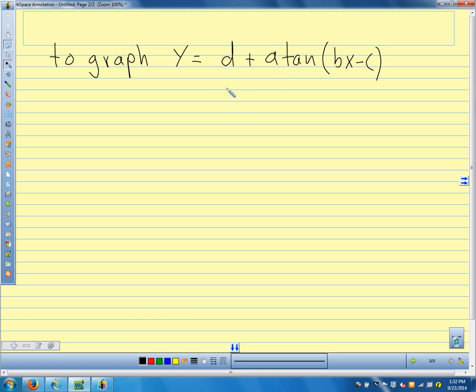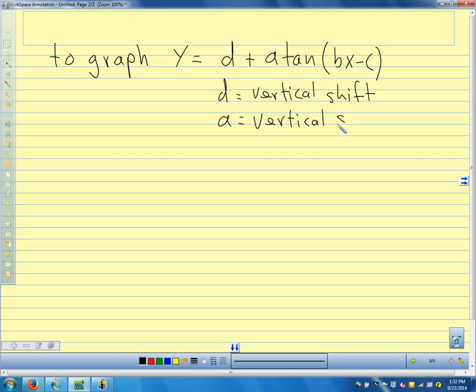So our information here, D still gives us a vertical shift. That doesn't change. A tells us our vertical stretch or compression, depending on how big A is.